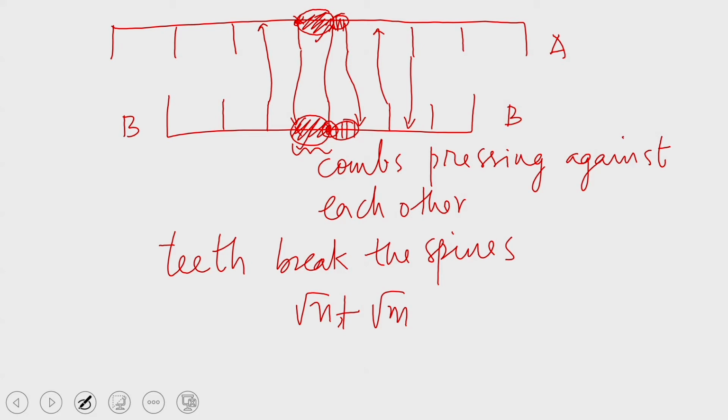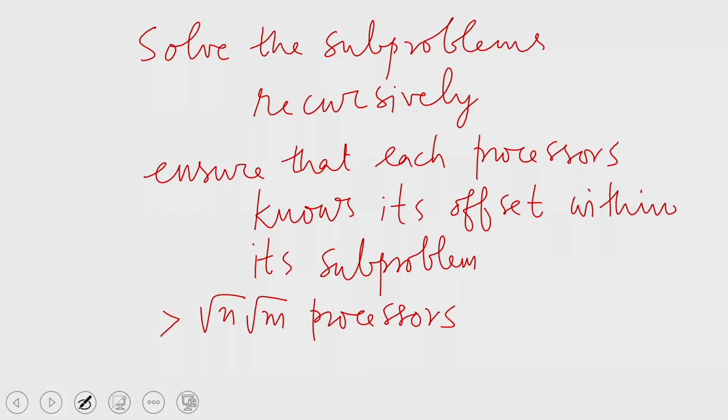For example, an element which is the 10th from here will be informed by the 10th processor here that it is the 10th on the other side, and the maximum offset on the other side is going to be at most root m, and exactly root m processors are available with the leader here. Therefore, we have enough processors to perform this informing. Similarly, we will have the leaders on the B side informing the elements on the A side as well. Therefore, we have the perfect setting for recursion. Therefore, recursion is valid.